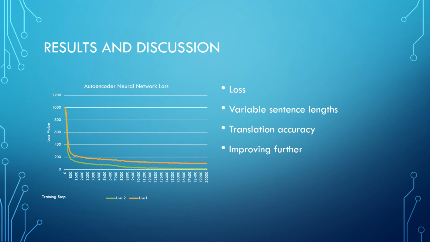In both cases, both the common and the optimized autoencoders were able to translate short sentences, no matter their complexity, very well. But the optimized autoencoder was able to translate longer sentences a little bit better.